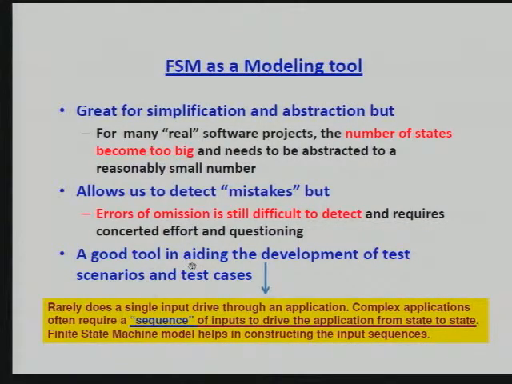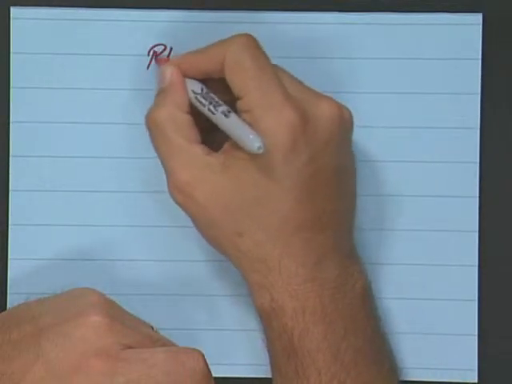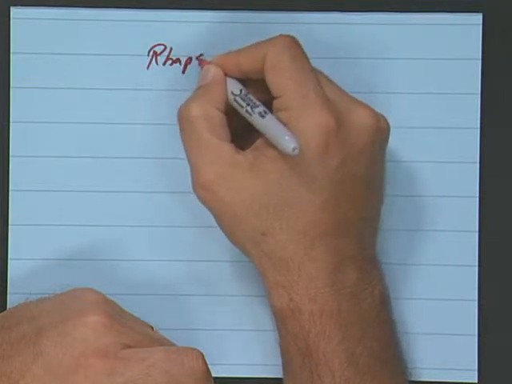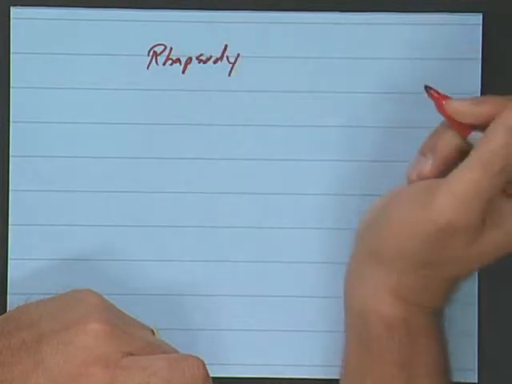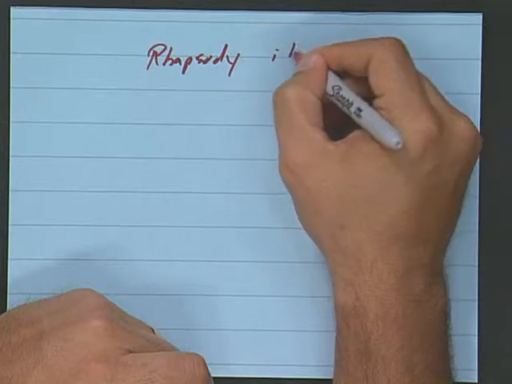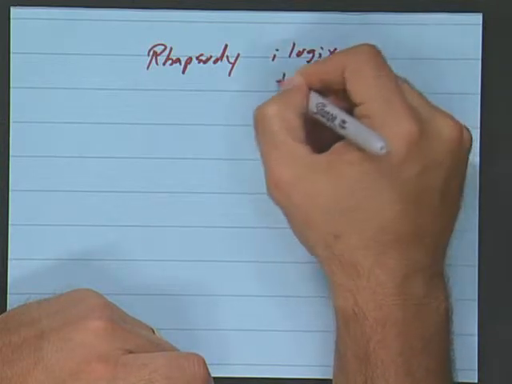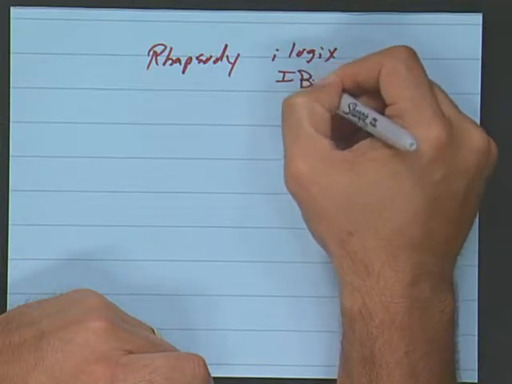Now there are actually tools that you could use to help you with this. There's a tool, I think the name is Rhapsody, some of you may have used it. This used to be from a company called iLogix. Now it's from IBM.